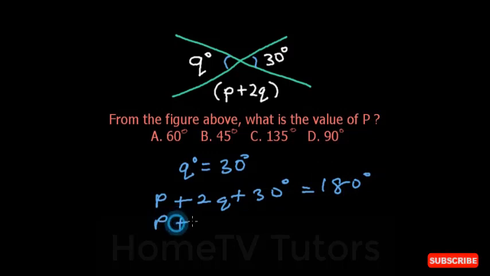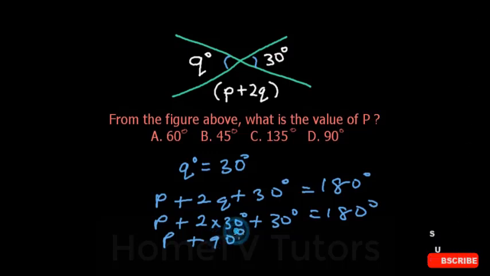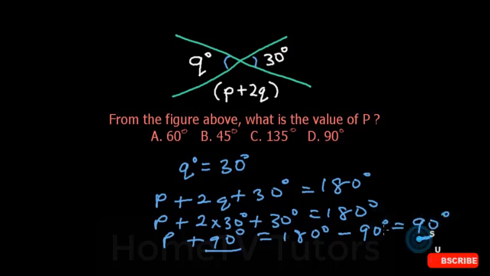And since we now have Q as 30 degrees, we substitute that for Q. So we now have P plus 2 times 30 gives us 60, 60 plus 30 gives us 90 degrees, which is equal to 180 degrees. When you take this 90 degrees to the right hand side, it becomes minus 90 degrees, which will now give us 90 degrees, and that is the answer option D.